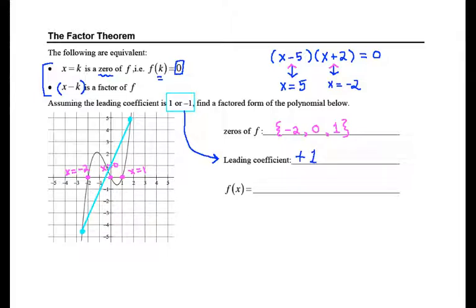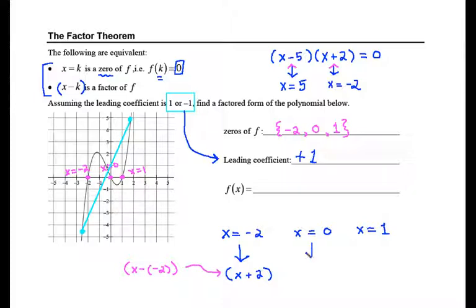So let's go from zeros to factors now. My zeros are x equals negative 2, x equals 0, and x equals 1. The factors that those would correspond to are x plus 2, either thinking about backing up the process of solving using the zero product property, or thinking of that as x minus k, where k is negative 2; x minus negative 2 would get me x plus 2.